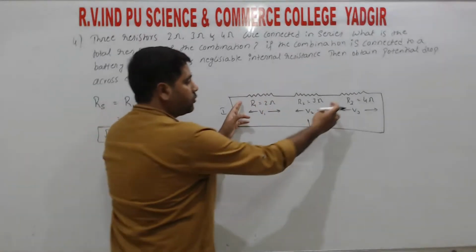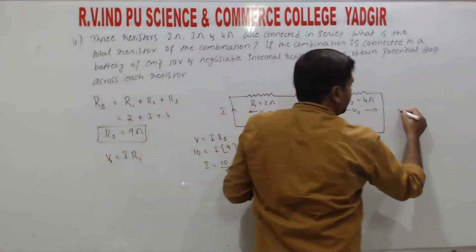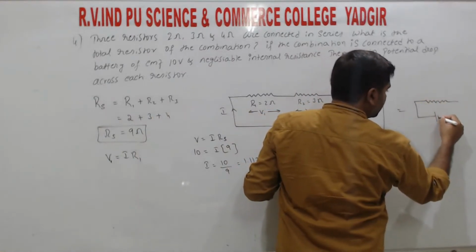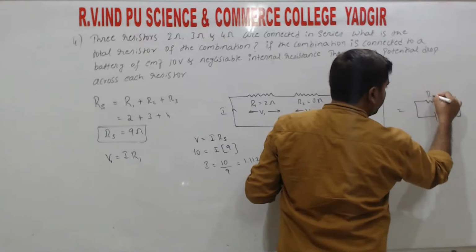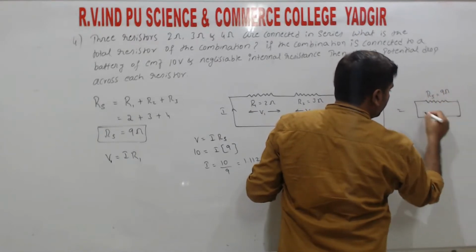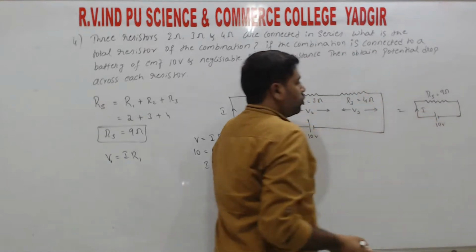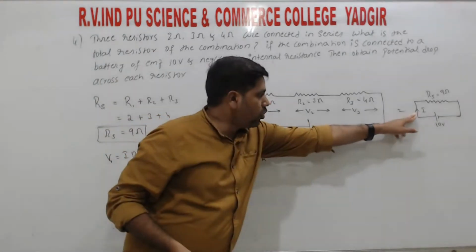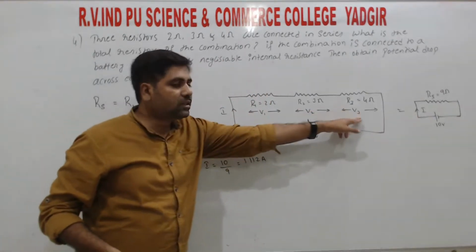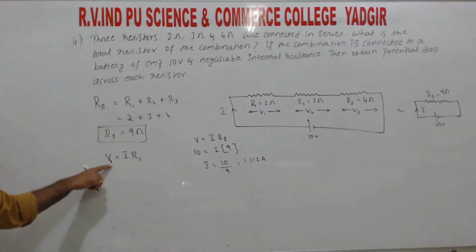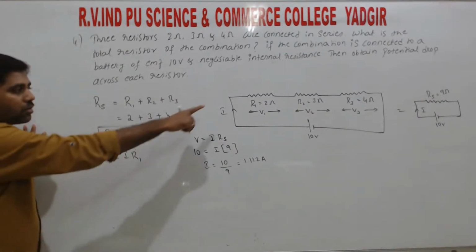Equivalent resistance means these three resistances are equal to a single resistance. That resistance value RS is equal to 9 ohm and the voltage is 10 volt. So we find the current I. The same current flows across all three resistances. Now that we have the value of I, we can find the potential across each resistance.